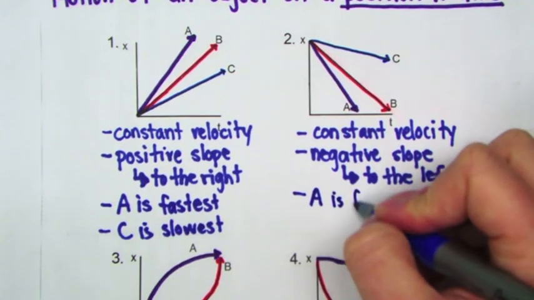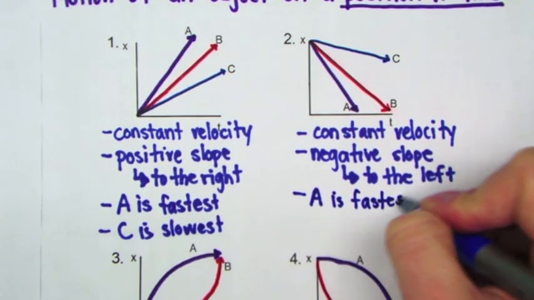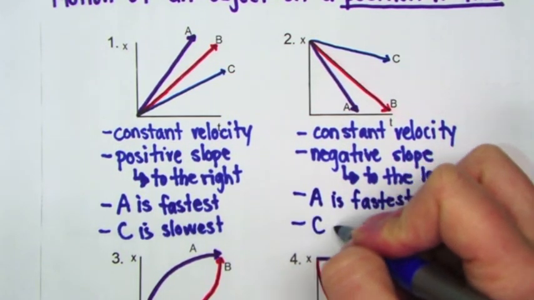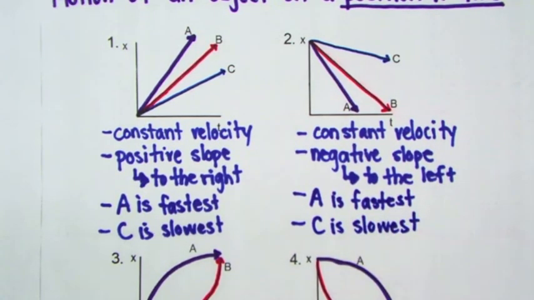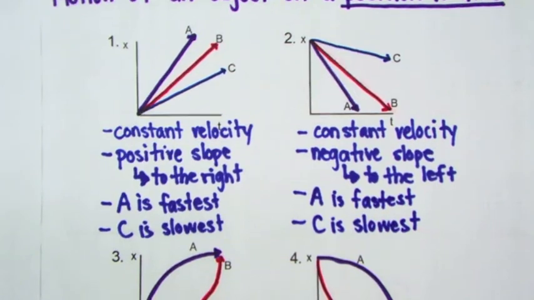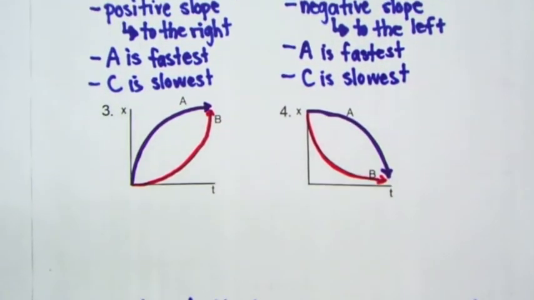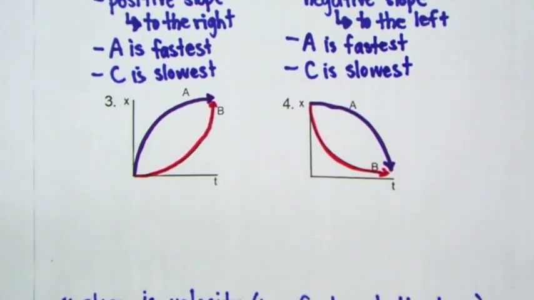Therefore, the object is moving to the left. Now I need to use my trick of stand up, speed up, lay down, slow down to determine which line, A or B, is speeding up and which line, A or B, is slowing down.